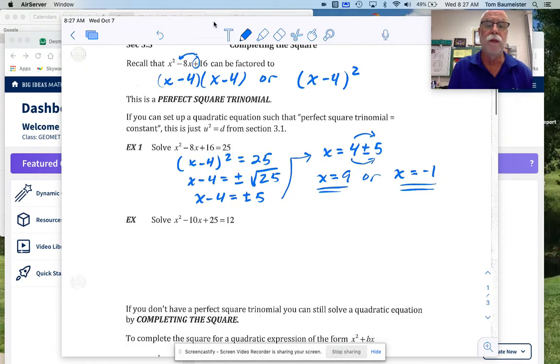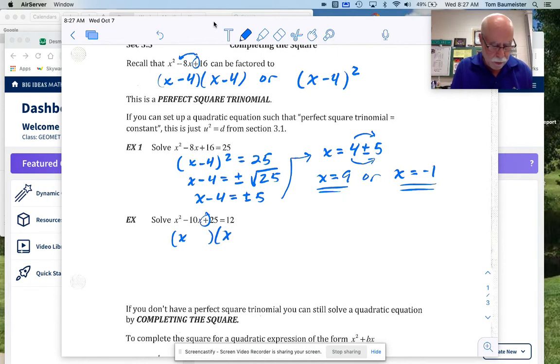All right. So let's go ahead and do the same thing. After a while, ladies and gentlemen, you'll see how this works. You'll be able to start spotting perfect square trinomials. So the second one here, I have x squared minus 10x plus 25. Well, that's going to be x. And if you're not sure, let's work it out again for you. So I'll have an x and I'll have an x.